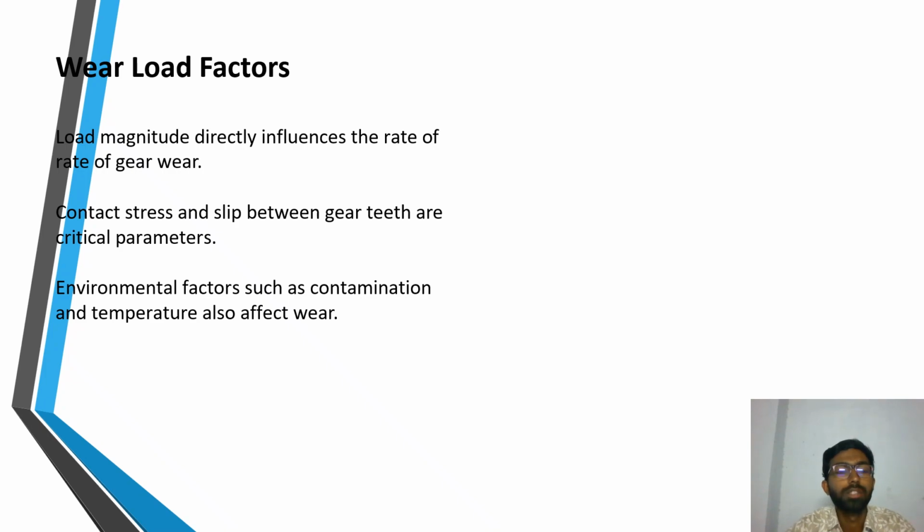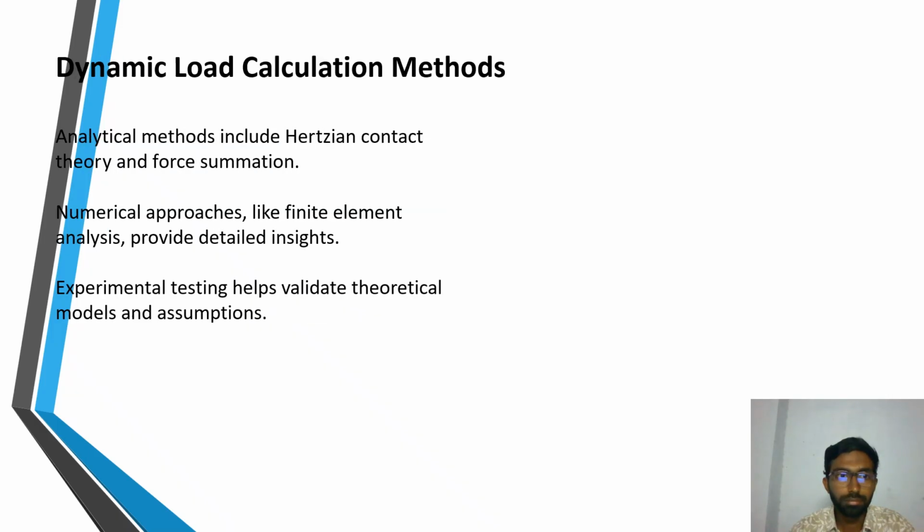Wear load factors. Load magnitude directly influences the rate of gear wear. Contact stress and slip between gear teeth are critical parameters. Environmental factors such as contamination and temperature also affect wear. Dynamic load calculation methods.